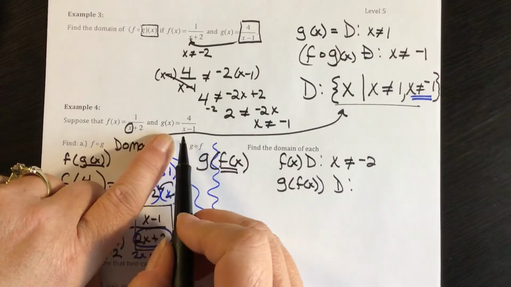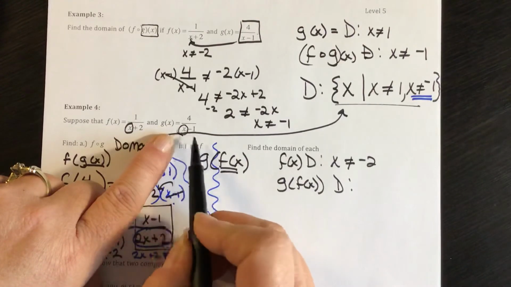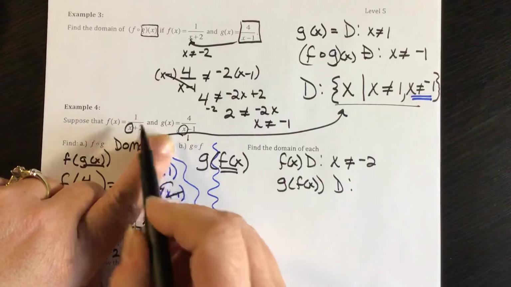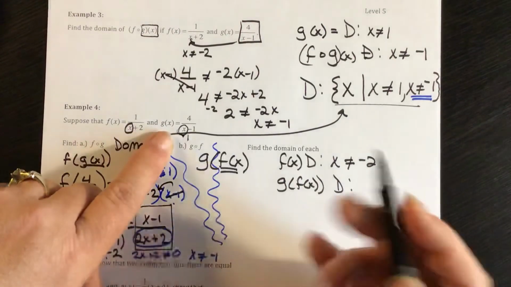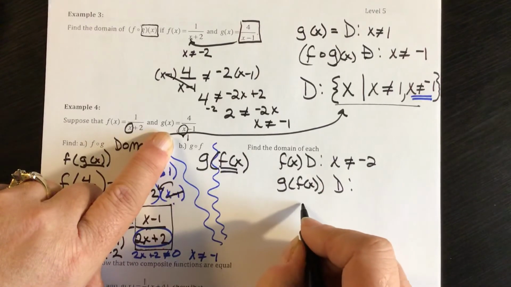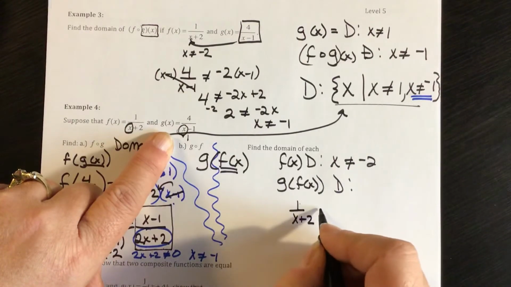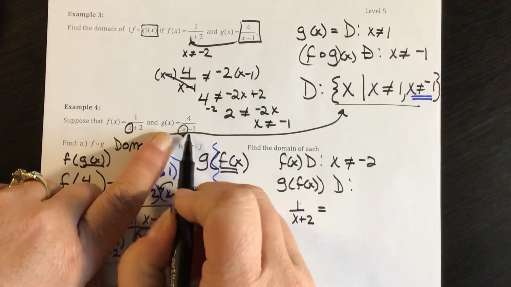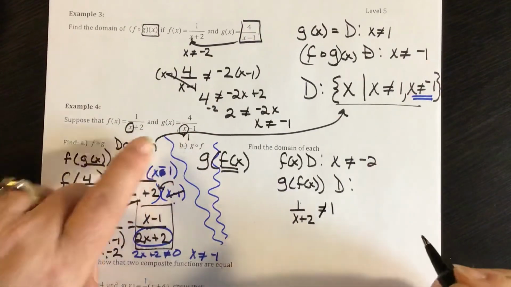I want to say this differently. This value right here cannot equal 1, but I'm putting in f of x into this spot, so I'm going to take my f of x function, which is 1 over x plus 2, and say that cannot equal 1 because that would give me a 0 on the denominator.